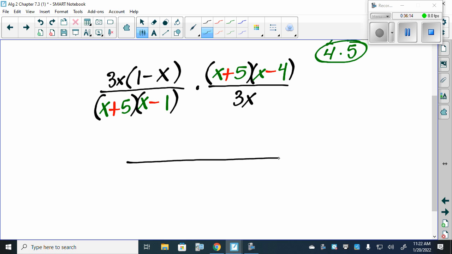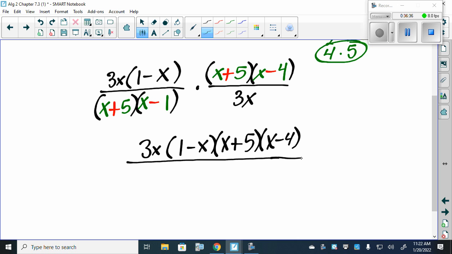Now, when we multiply these together, we're going straight across. Any greatest common factor terms like 3x, I would move to the very front. We'd have 3x times 1 minus x times x plus 5 times x minus 4 over 3x times x plus 5 and x minus 1.